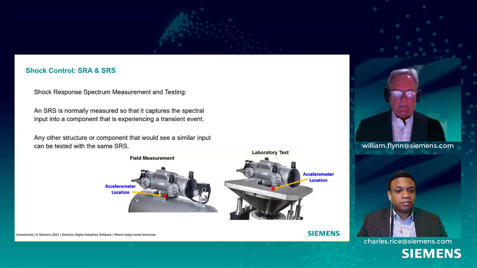So again, how you would do that, you would go out and measure at the base. Let's say this is the component, the device you want to test with a shock response. You would measure at the base, and because of that, you want to have the control accelerometer at the base where you measure. As long as these boundary conditions are somewhat comparable and you get the same dynamic response down here at the base, you should get pretty close to what you would experience out here in operational conditions.